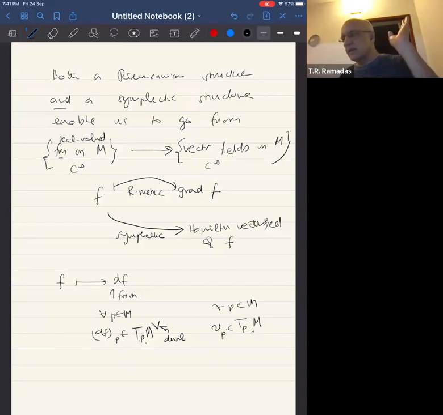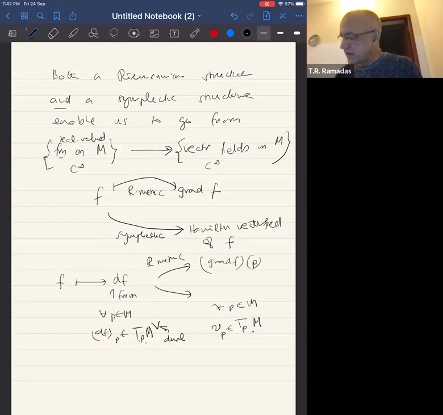So given an element of the dual of the tangent space, I get an element of the tangent space that is called grad f at p, that uses the Riemannian metric. And if I use the symplectic structure, that's called the Hamiltonian vector field, which I will just call V_f at p.